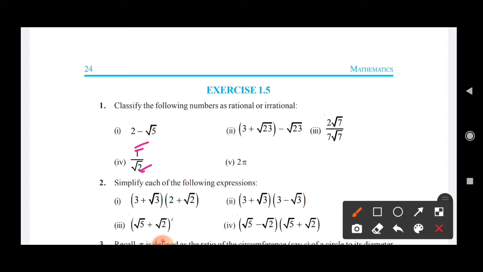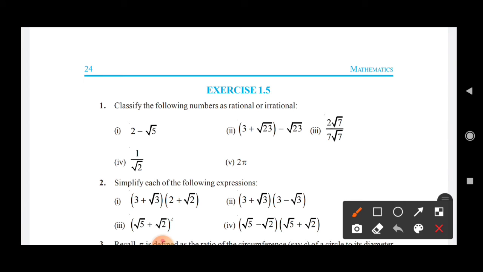So when a rational number is divided by an irrational number, the resultant number will be irrational. So this is irrational. And number 5, this is irrational. As you know, pi is a rational number because pi can be expressed in the form p by q, so it is rational.